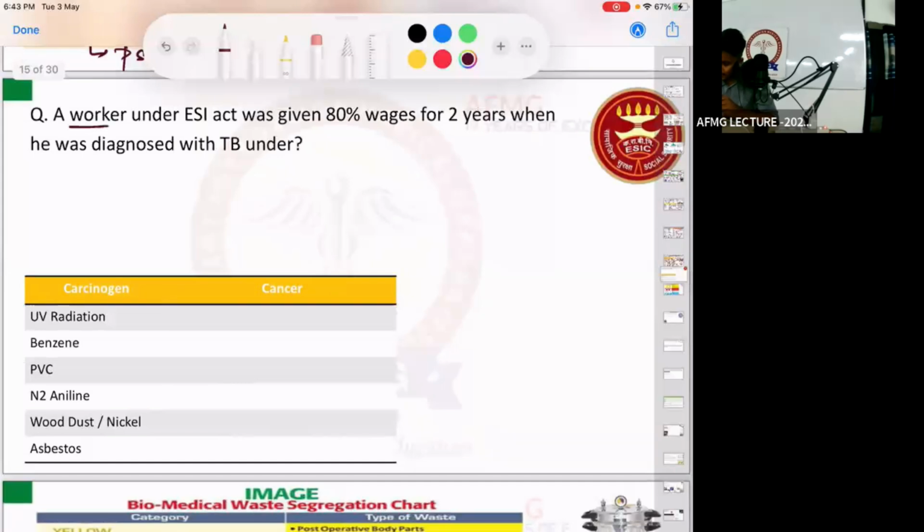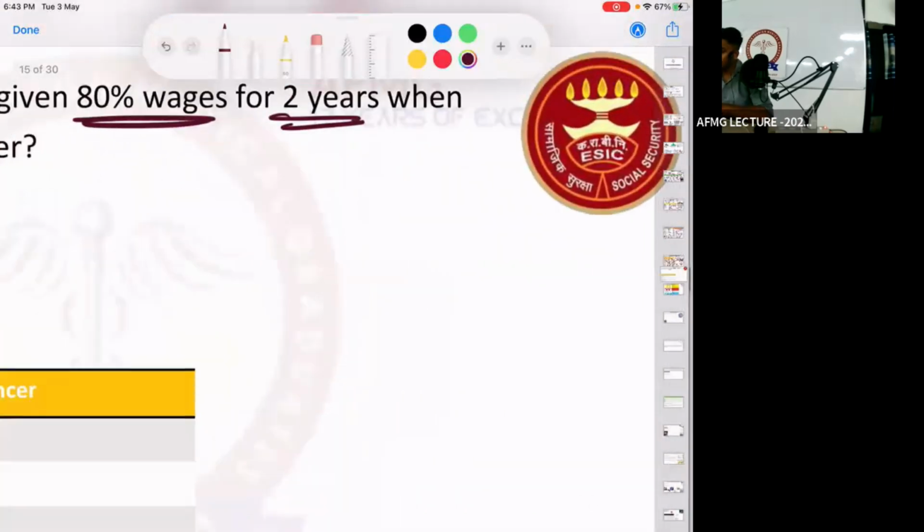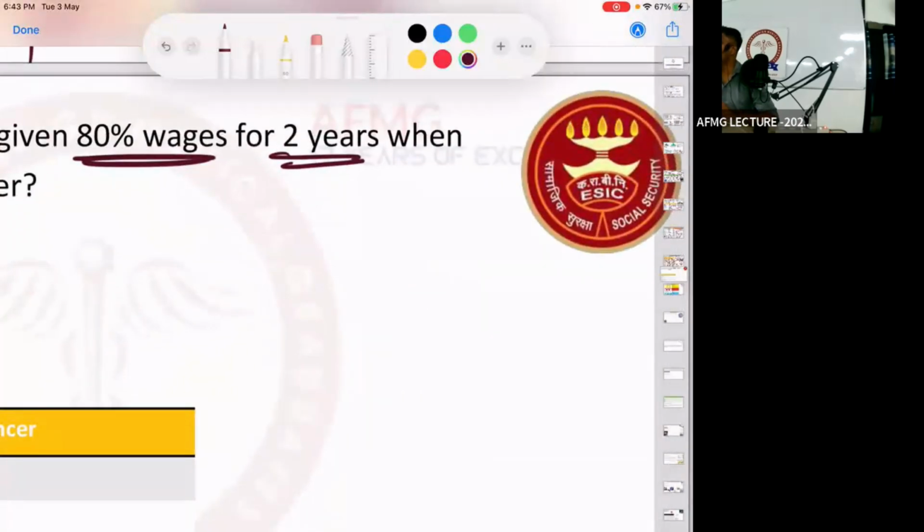A worker under the ESI Act was given 80% of wages for 2 years when he was diagnosed with TB. Under which scheme of ESI? If I talk about ESI, first of all, this is the logo of the Employee State Insurance Corporation. The full form can also be asked: Employee State Insurance Corporation.